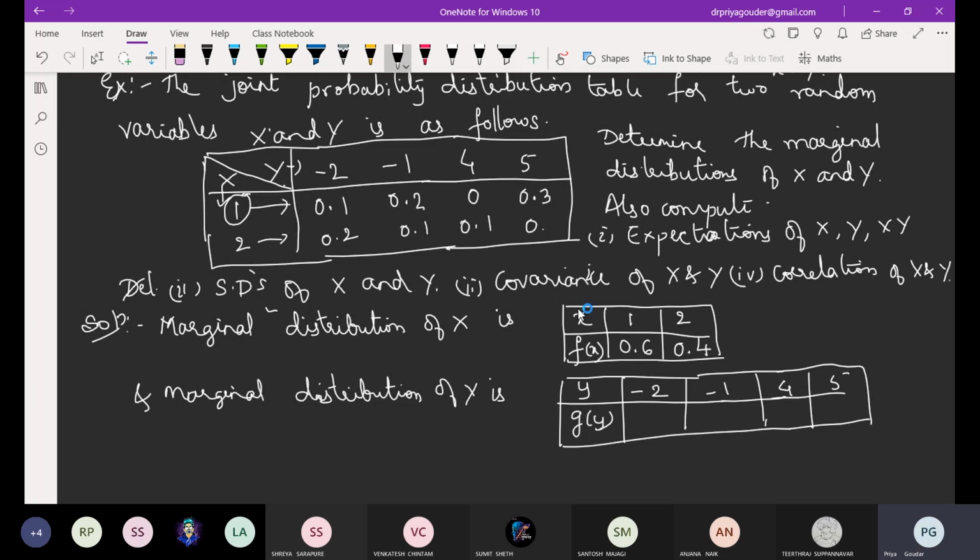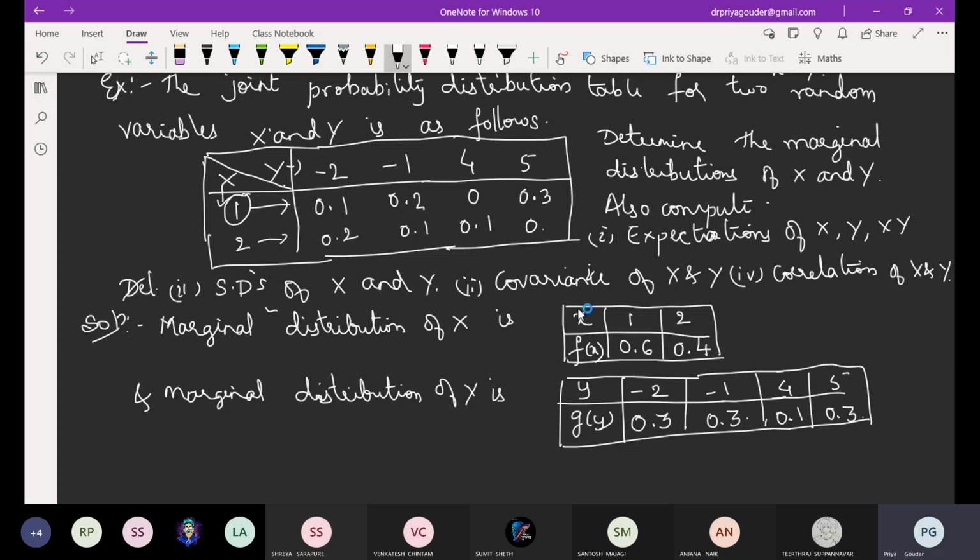For -2, you have a column here. Add it. 0.1 plus 0.2 is 0.3. This is corresponding to -2. Similarly, for -1, add it. Again 0.3. Again, add it here. 0 plus 0.1 means 0.1 and next is 0.3.